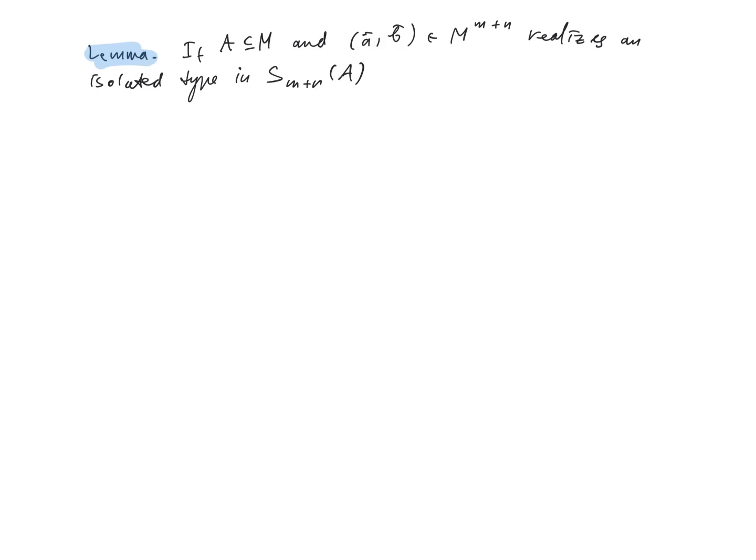Suppose that A is a subset of M and the tuple a bar b bar, where a bar is of length m and b bar is of length n, realizes an isolated type in S(m+n) of A in M, then the type of a bar over A is also isolated.